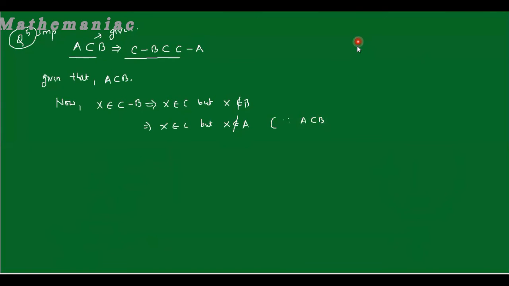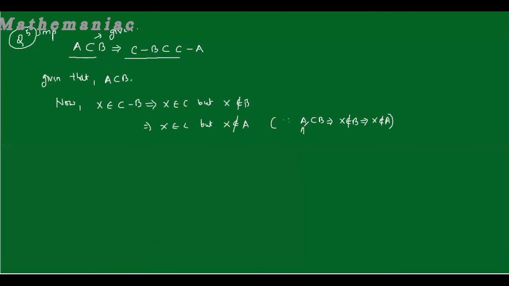So when the element is not in B, it cannot be in A. So I can write from here that X does not belong to B implies X does not belong to A, right?